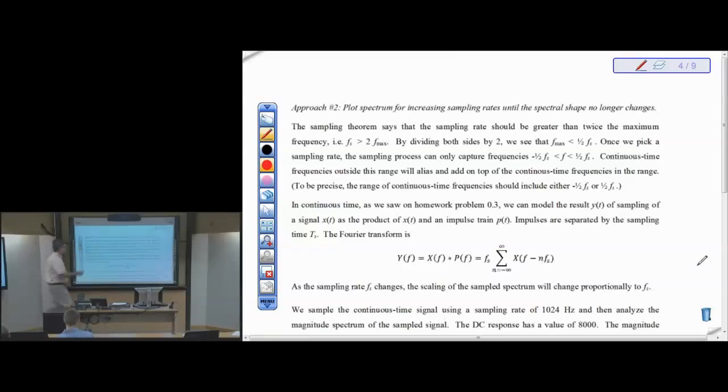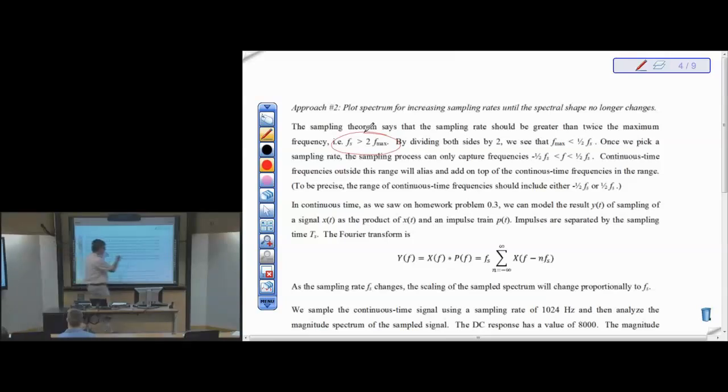So first, the sampling theorem tells us that if we knew what Fmax was, or we could estimate what it is, then we have guidance on choosing the sampling rate. But in this problem, we're trying to find Fmax, so what we really want is to choose the sampling rate to figure out what Fmax is. Okay?